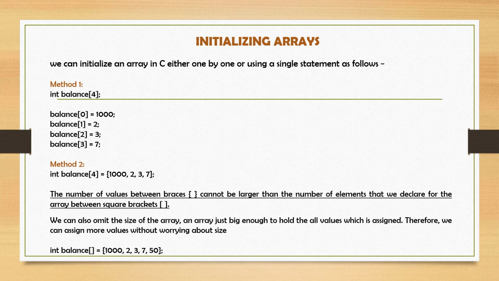Therefore, we can assign more values without worrying about size. In the following example, we have declared an array balance without specifying the size. But it is big enough to hold all the values which are assigned within curly braces.